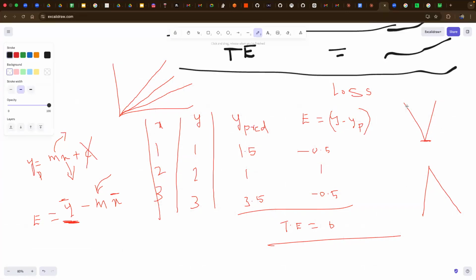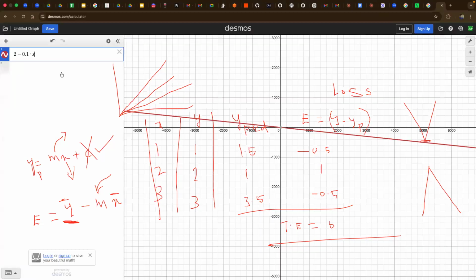But in scenarios where you don't have the C value as 0, then it will be something like this. What we can do is show that in Desmos.